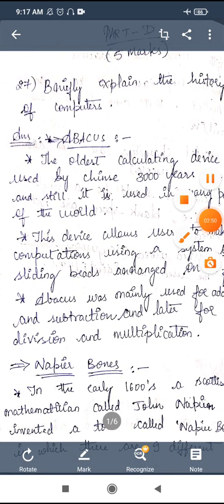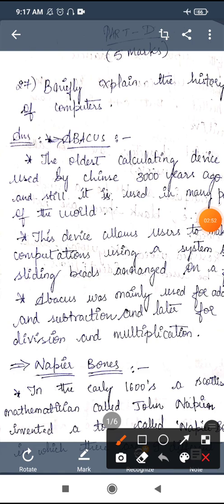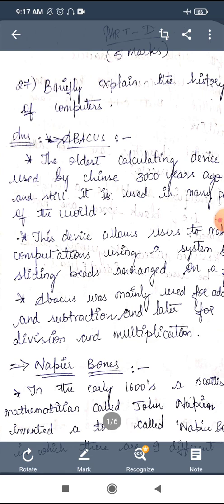Okay, so next is Napier bones. In the early 1600s, a Scottish mathematician called John Napier invented a machine called Napier bones.